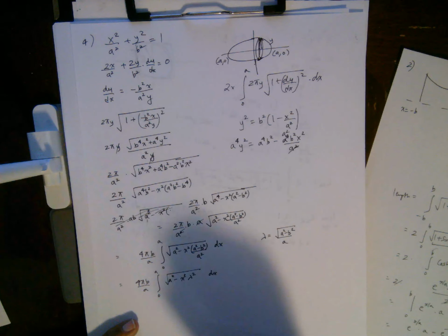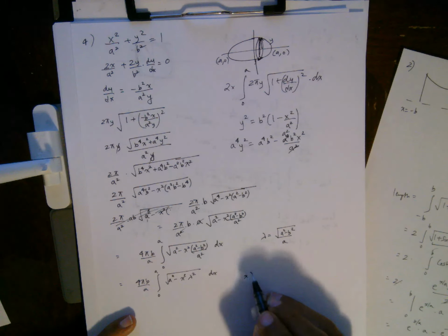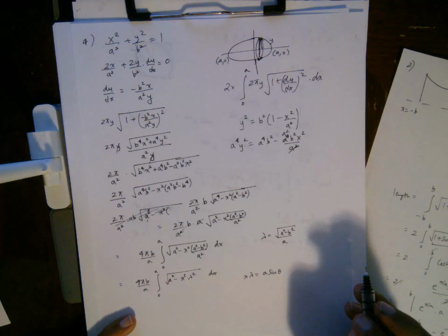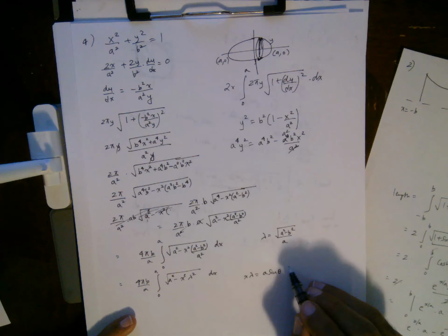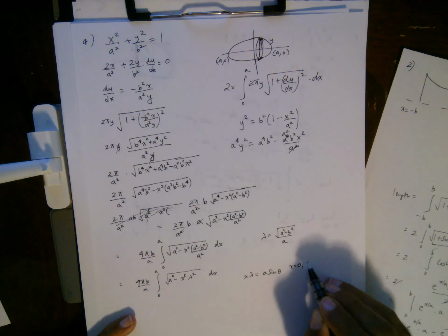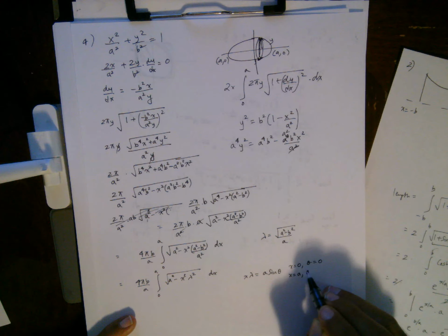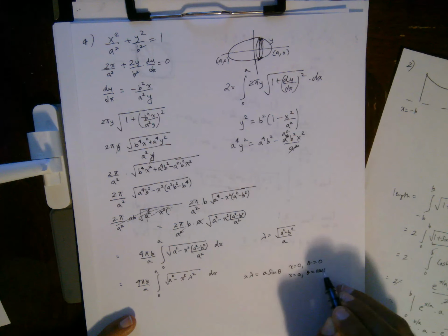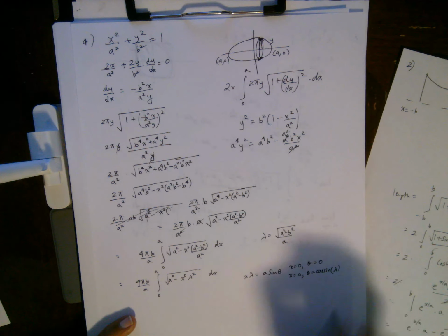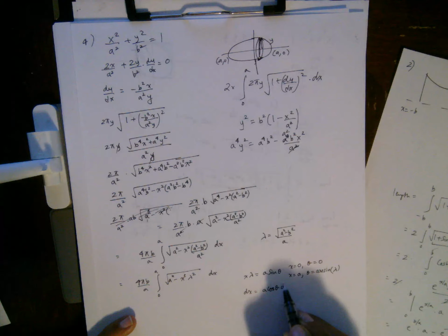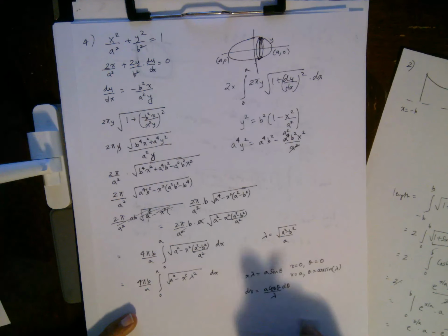Now this is a classic trig integral, so I'm going to let x lambda be some a sine theta. When x is 0, theta is 0. When x is a, theta is arc sine lambda. In addition, dx is a cosine theta d theta over lambda.